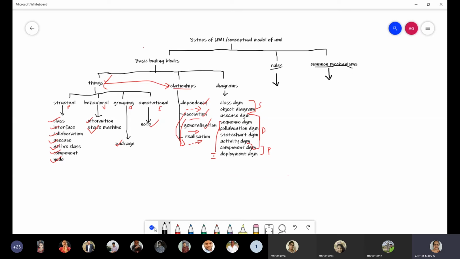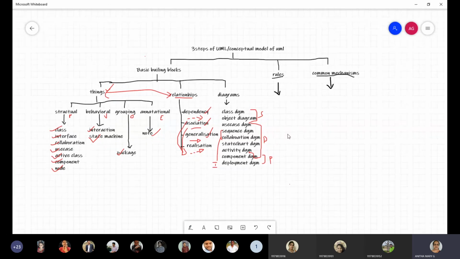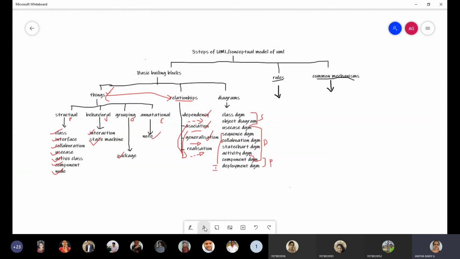Under rules, we have different categories. Before going to the rules, let's first see why we need rules and what the rules are. In general, any language cannot be put together in a random fashion.